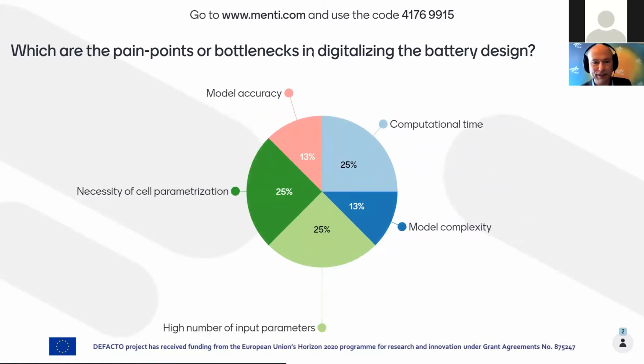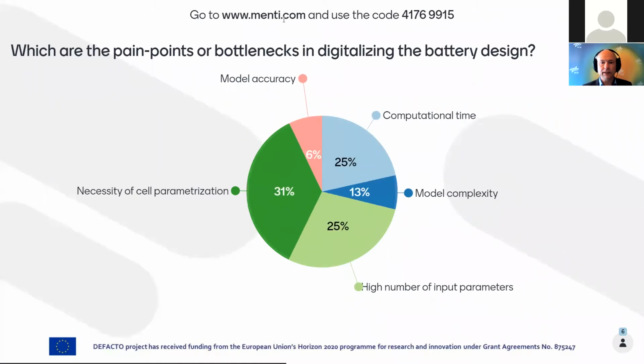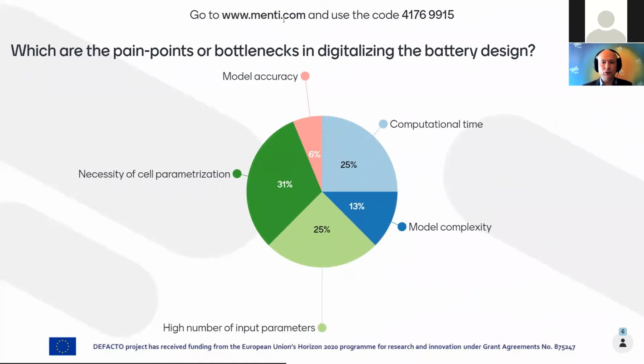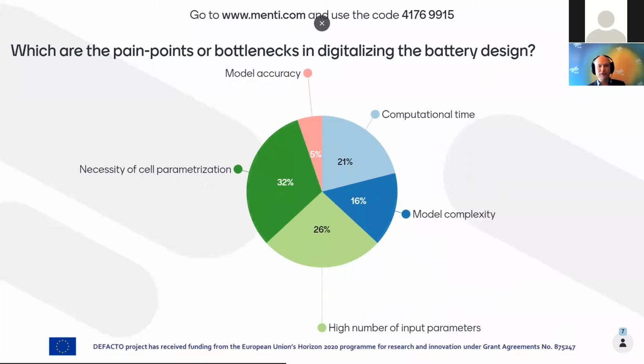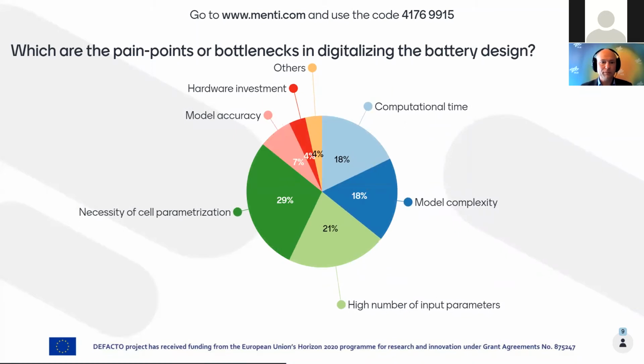Okay, you're faster than I can explain. So then the necessity of parameterization is also an issue. Again, everything is connected, and therefore it's hard for you probably to choose. Also, right now, parameterization seems to be the most important issue for you. Well, I'm astonished that model accuracy is not so relevant.